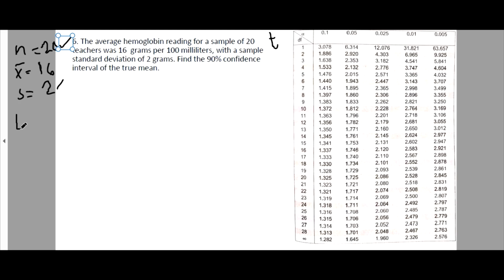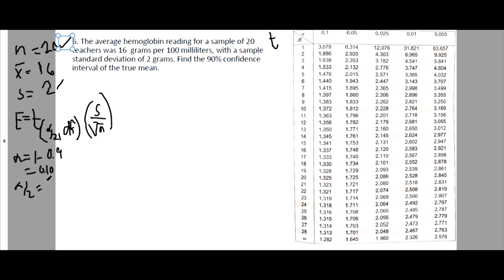So our E therefore is equal to T sub alpha over 2 comma degrees of freedom, and then we have s over the square root of n. Now let's start with alpha. This is 90% confidence, so we have 1 minus 0.9. Therefore our alpha is 0.10 or 0.1. So divide it by 2, so 0.10 divided by 2 is 0.05.